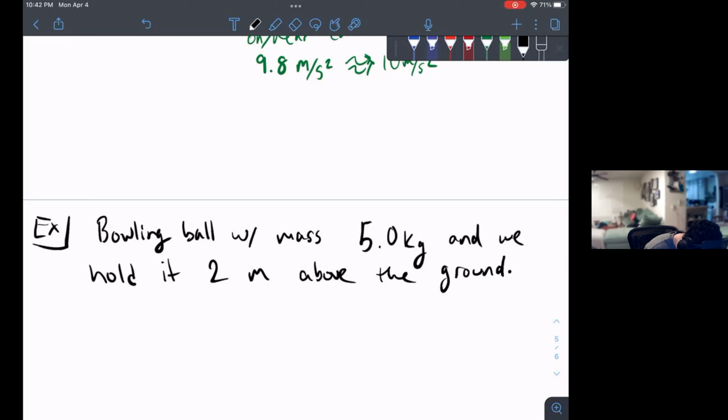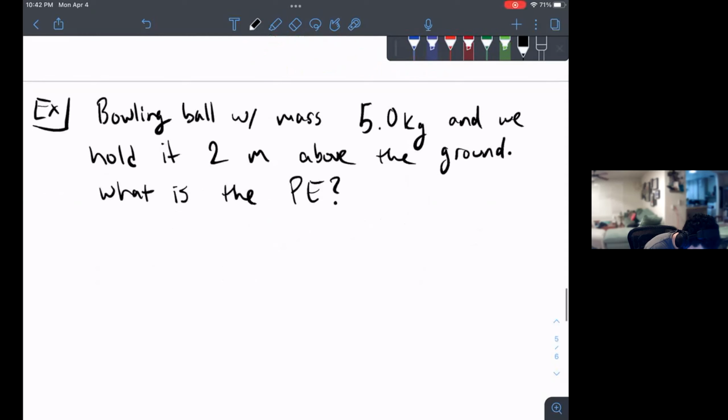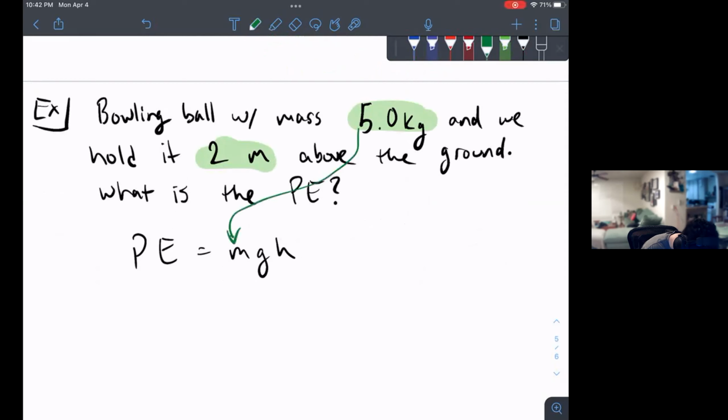Pretty simple. What is the potential energy? So we're just going to go ahead and say potential energy is equal to mgh. And let's go ahead and highlight what we've got. We have 5 kilograms. We have 2 meters. So we definitely have right here our mass and our height. Our gravity is once again going to be 9.8 meters per second squared.